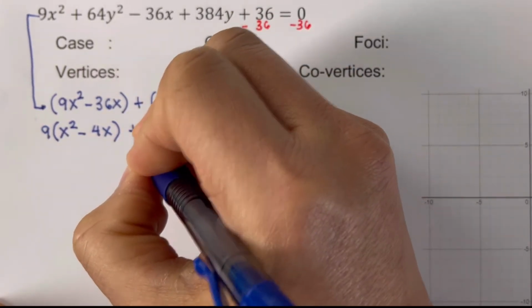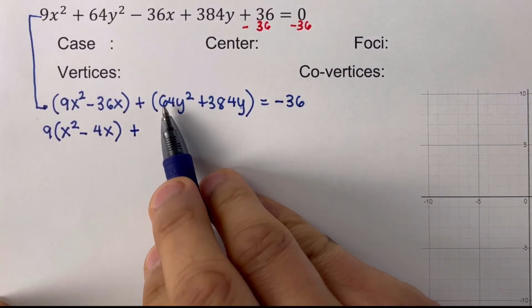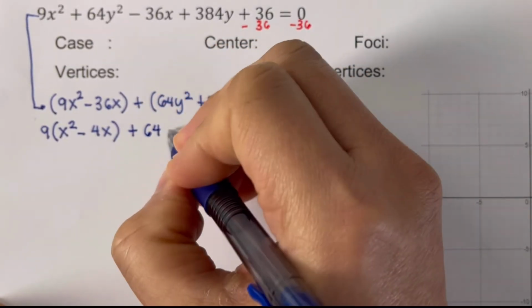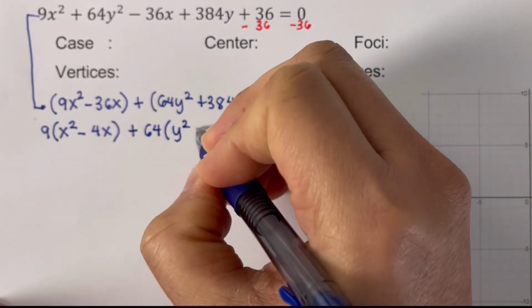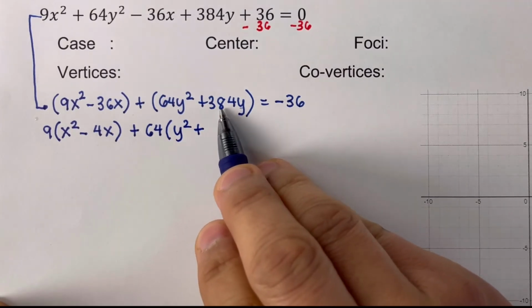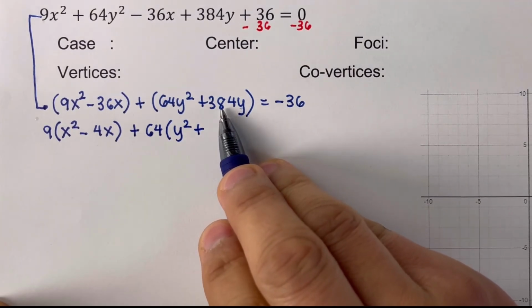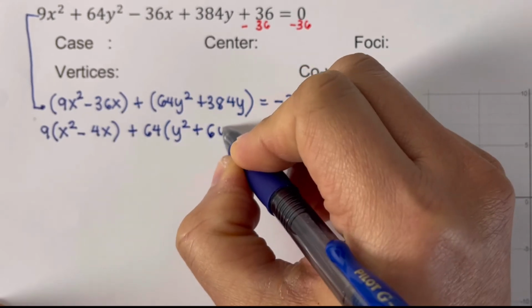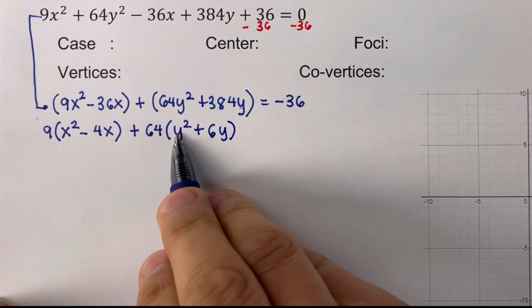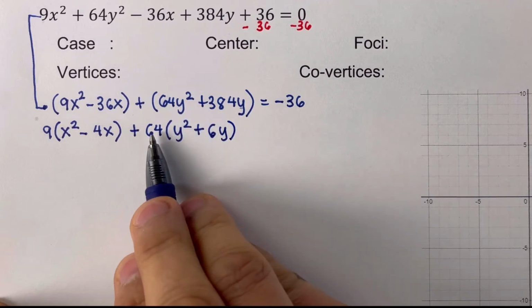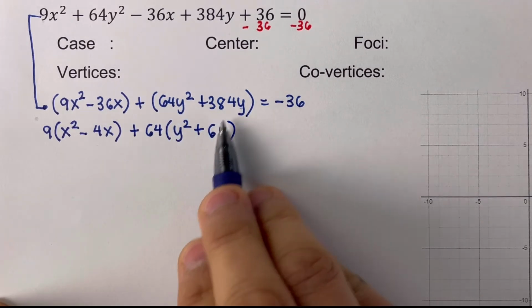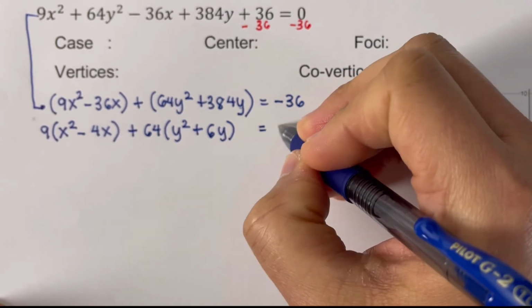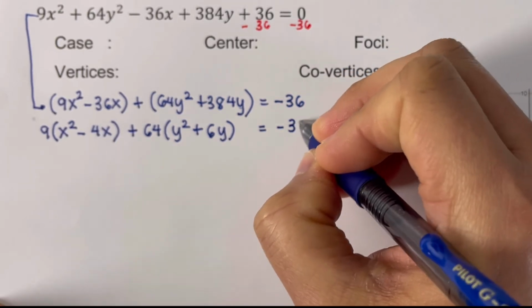And then I will also have to factor out the 64. So that would be 64 times y squared plus, in 384, there are 6 64s, so I can write 6y, so that 64 times y squared is 64y squared, and 64 times 6y is 384y. And that is again equal to negative 36.